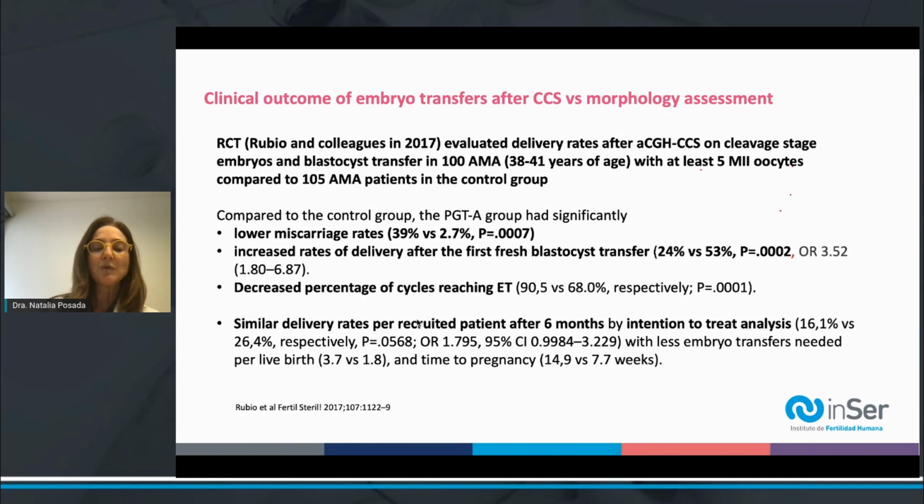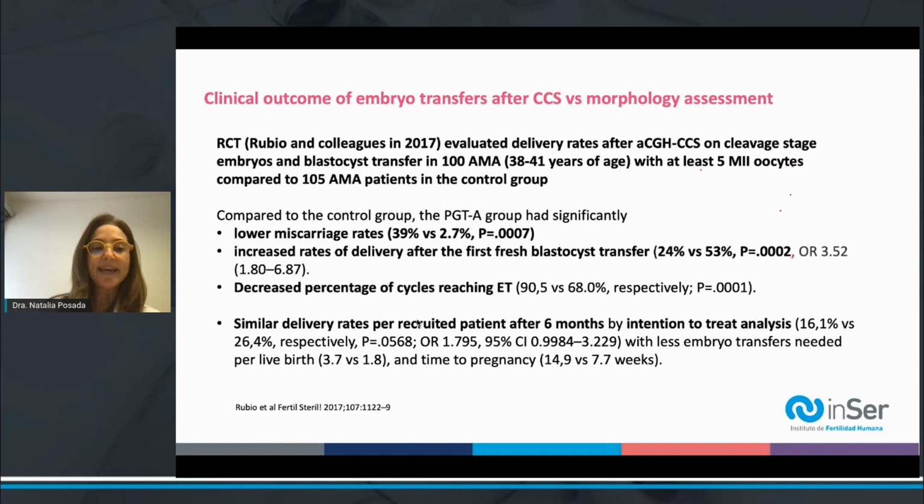Compared to the control group, the PGTA group had significantly lower miscarriage rates, 39 versus 2.7, significantly increased delivery rates per first fresh blastocyst transfer, 24 versus 53%, with an OR of 3.2, and decreased percentage of cycles reaching embryo transfer, 90 versus 68%. In other words, same results as the ESTEEM study.